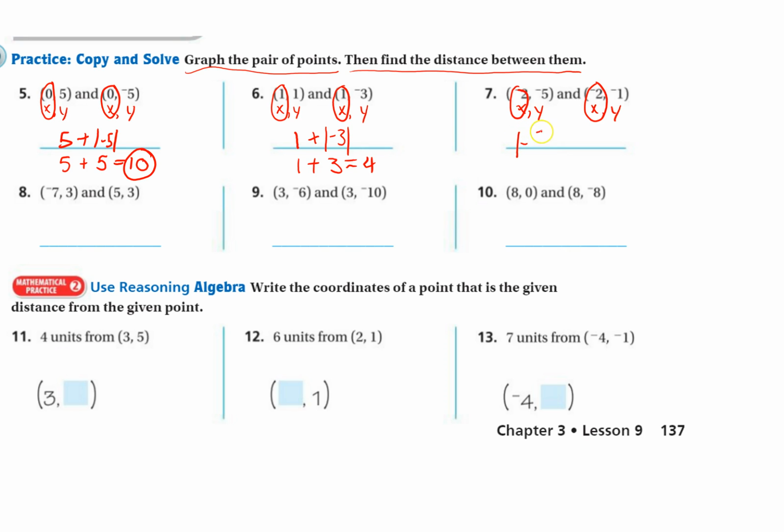So the absolute value of negative 5 minus the absolute value of negative 1. So the absolute value of negative 5 would be 5, minus the absolute value of negative 1 would be 1. 5 take away 1, the distance apart should be 4.